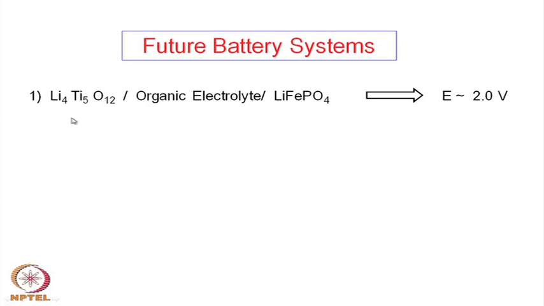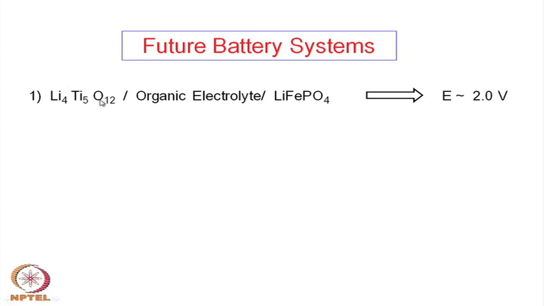So, if you compare with graphite and this becomes your cathode, then the voltage is about 1.5 volts, whereas compared to graphite, lithium cobaltite has a voltage of very close to 4 volts, or 3.5 volts or so. Since the mechanism of both materials, the lithium intercalation, is more or less the same, attempts are now being made to see whether this can be used as one of the electrodes, or the anode. So, this can be used as one of the anodes.